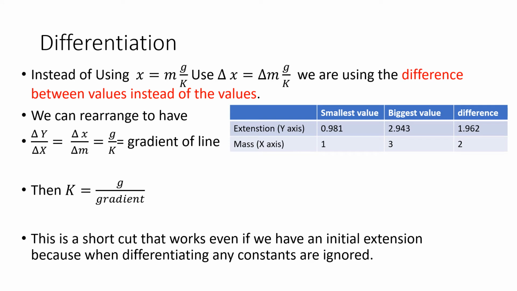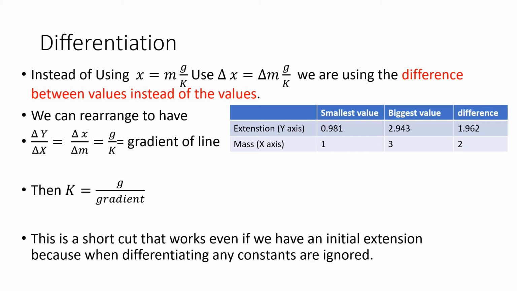So I'm going to show you the level of differentiation you need for the labs. You will be taught differentiation properly in semester 2, but I'm just going to give you the basics. So we're looking for the change in y, or the change on the y-axis, and the change in the x-axis. So change in the y-axis, our smallest value for extension is 0.981 and our largest is 2.943.